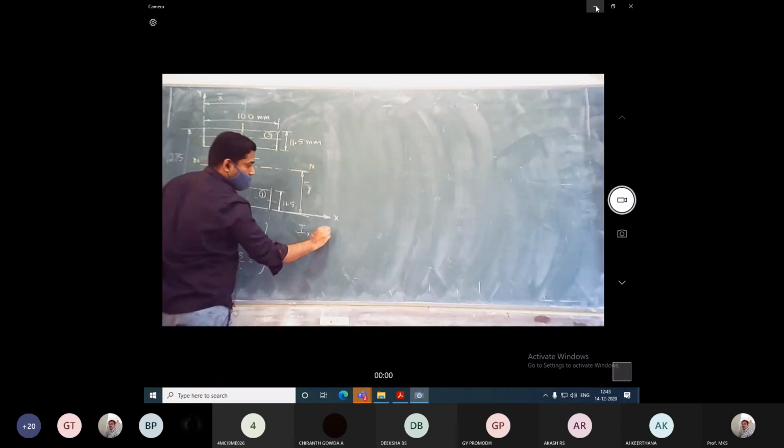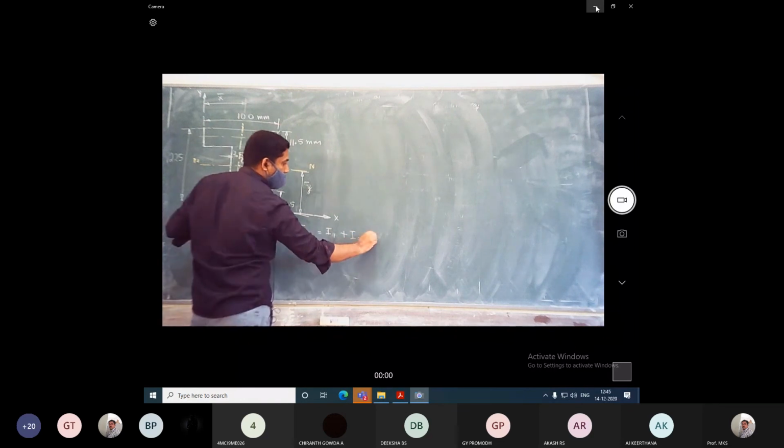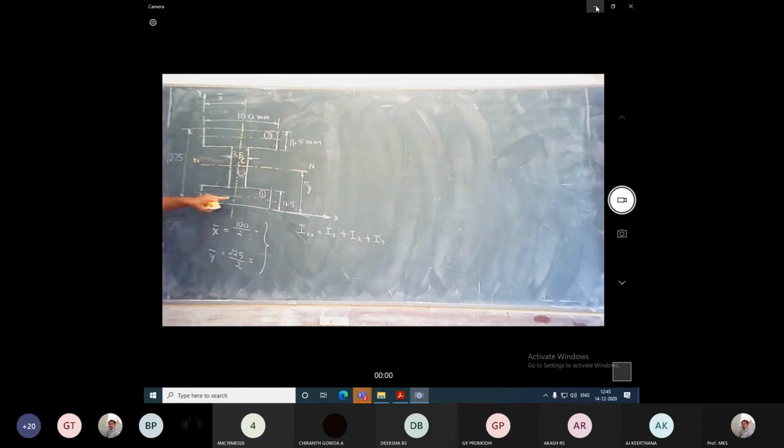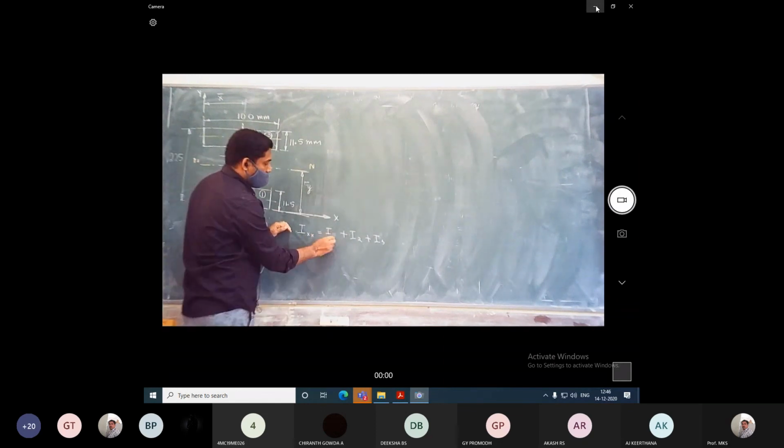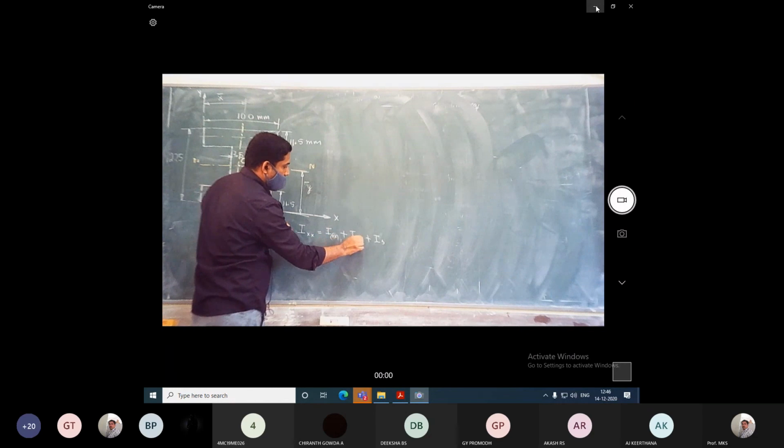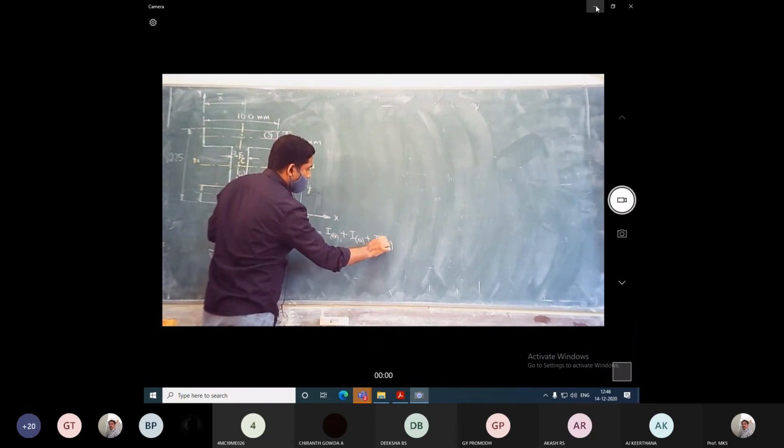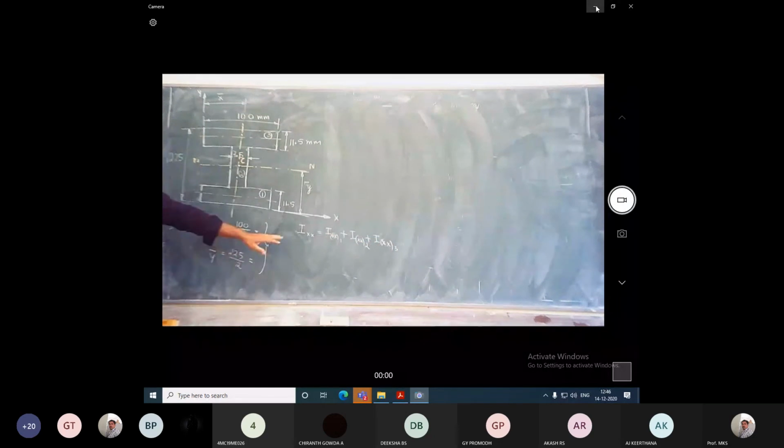So Ixx will be equal to I1 plus I2 plus I3, which we can also call Ix1, Ix2, Ix3. This is the total moment of inertia with respect to the x-axis.